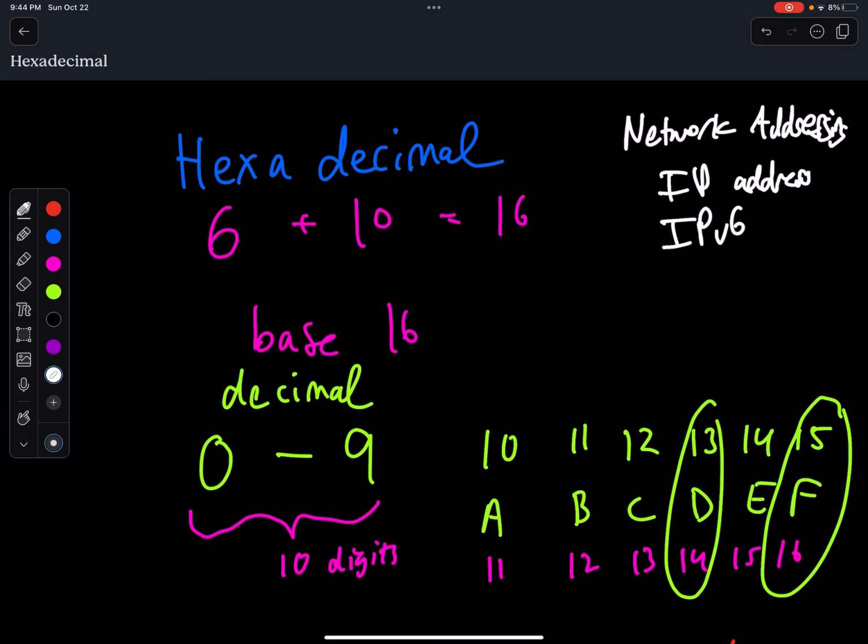So those addresses are going to be written in hex. Also, many file formats, especially binary data like images and audio files, may have various components or structures within them that are in hex.